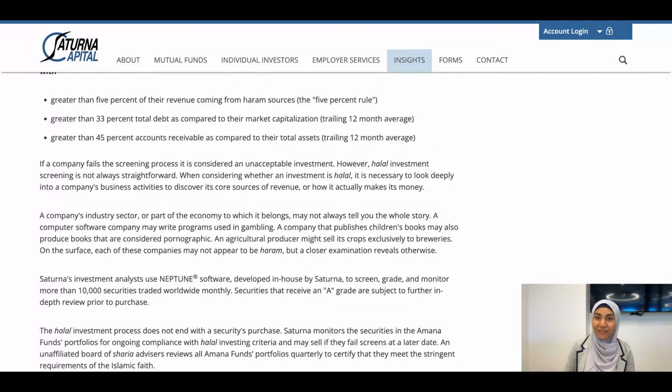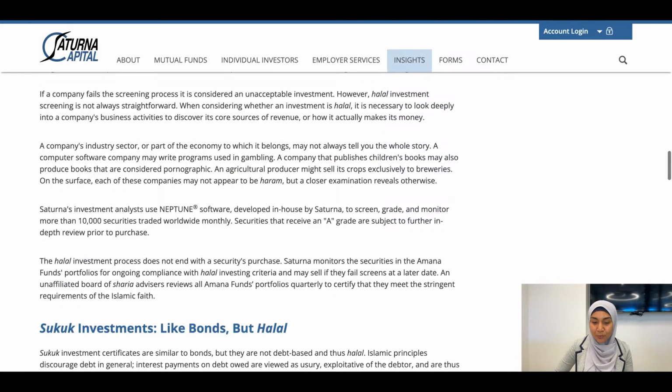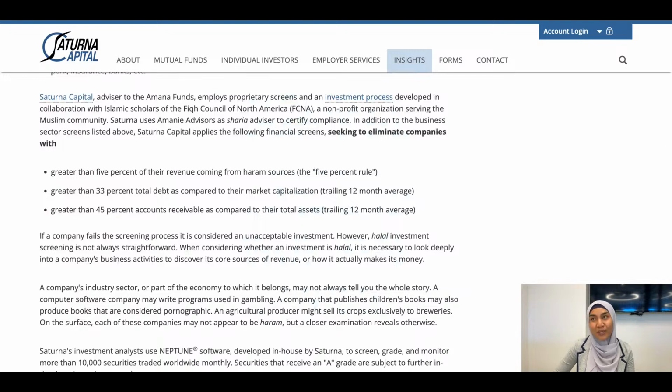So it's a bit more complex, this one. Don't worry too much about fully understanding it, unless obviously you want to get into this some more. So that is essentially what halal investing is. And you can read more about this on this website, which I will link after I finish this stream.